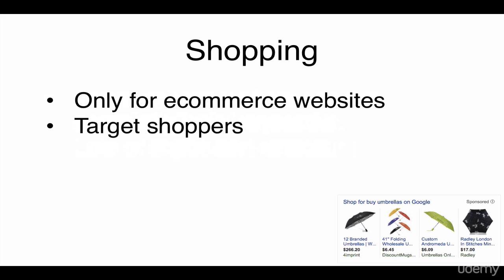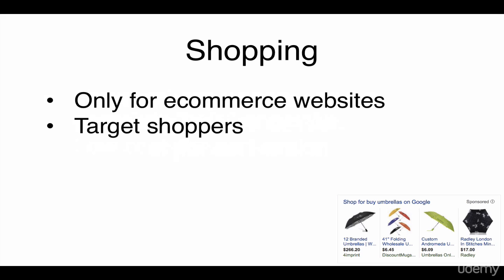You can target shoppers very well because people who see these ads, it's obvious that it is an ad for a product. It shows the name of the product, it shows the name of the company, it shows the price, and if they look at it on Google Shopping itself, on that interface, they'll see more information like descriptions and ratings and lots of other stuff.